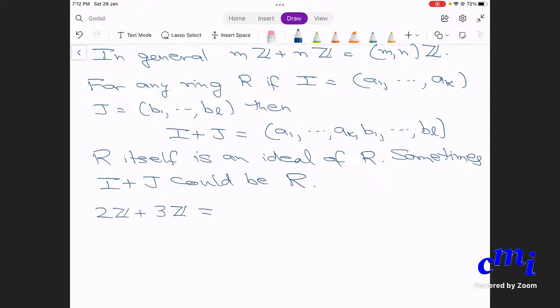The GCD of 2 and 3 is 1. So it's just 1Z, and 1Z means Z. That means 2Z plus 3Z equals Z.